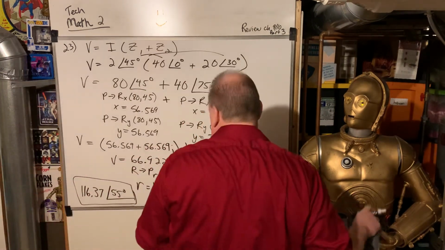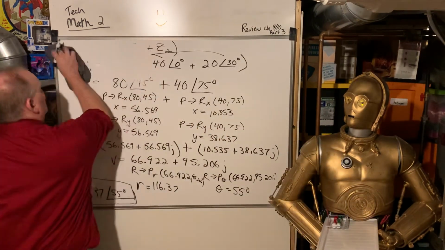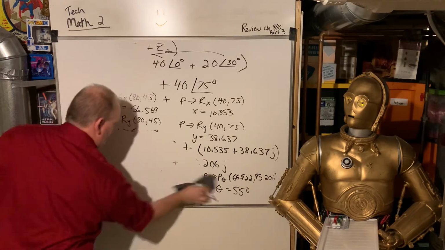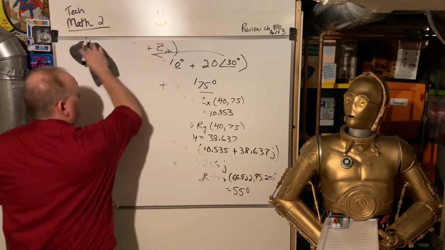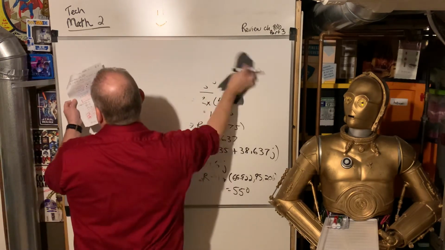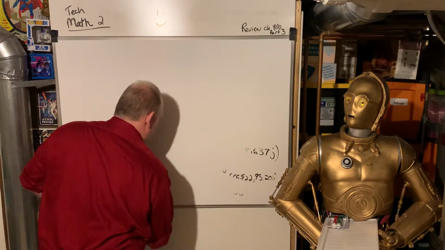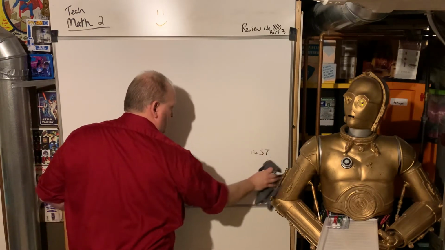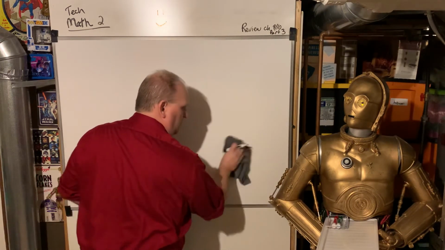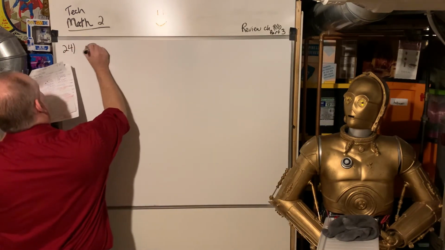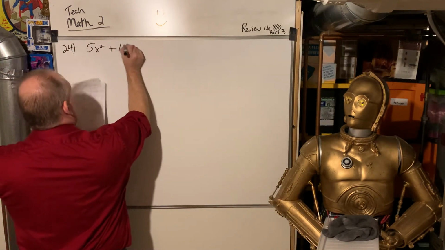All right, let's take a look at the last one on the review. And that's going to be 24. And so one of these is pretty easy to solve. And one of these is a little more involved. So 24, we got 5x squared plus 10 equals 0.